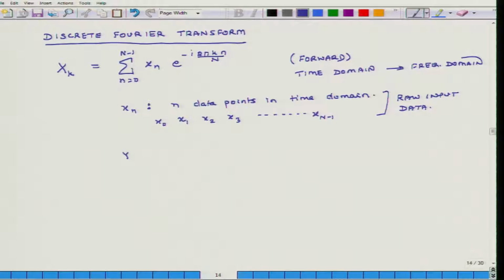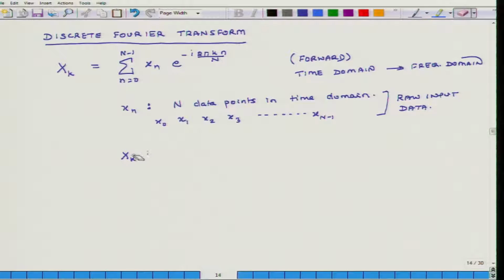What is x k? There is an error here: it should not be lowercase n but uppercase N, because the total number of points is N. So, this small n is just an index.